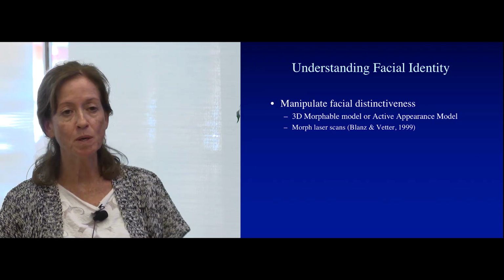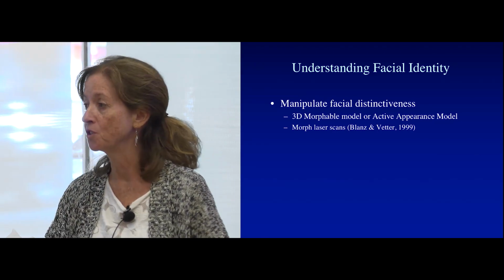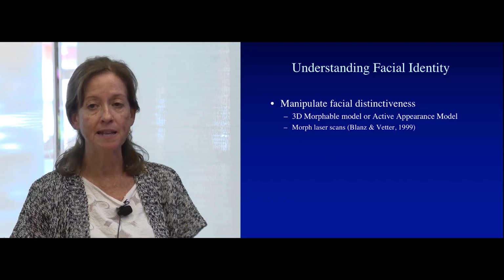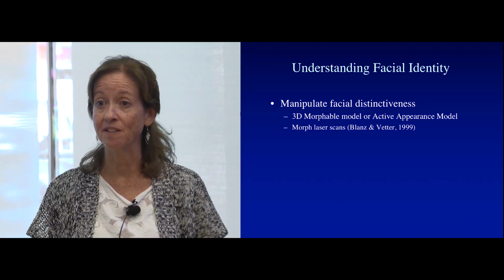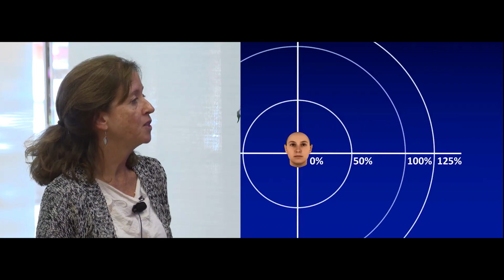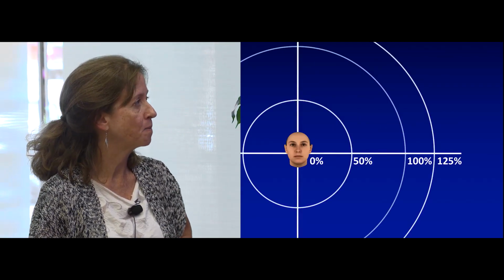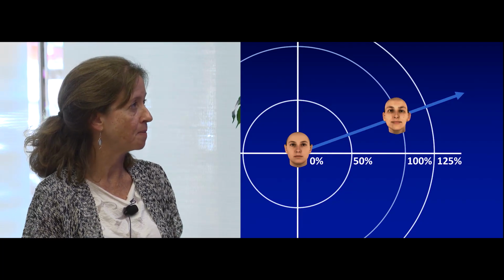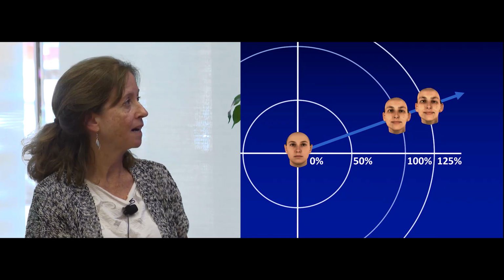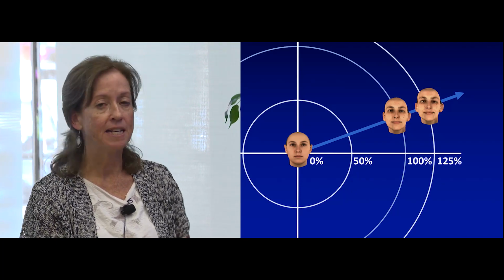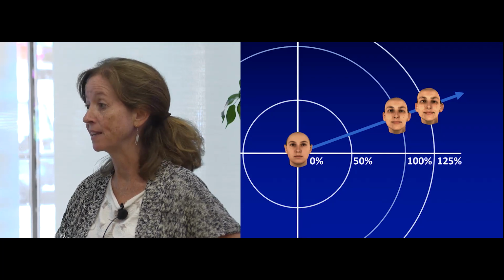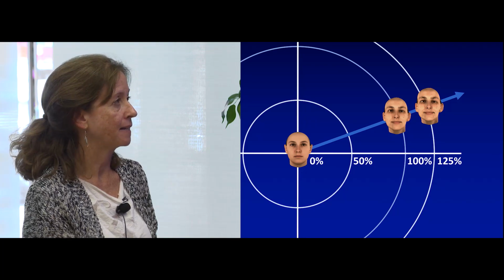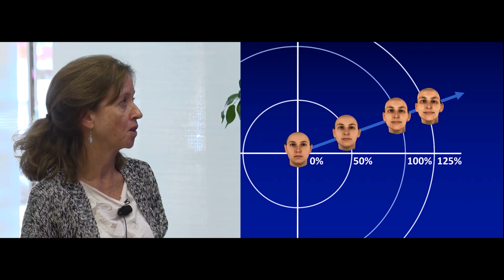Okay, so next we wanted to use the power of the Morphable model to figure out what happens with the identity coding in ways that are psychologically salient, like for caricature and things of that sort. So probably some of you are familiar with this, but again, drawing the line through the face space from the average out toward a caricature, you can generate a face where identity strength increases or decreases. Anti-caricatures have weak identity strength, and caricatures have stronger identity strength.